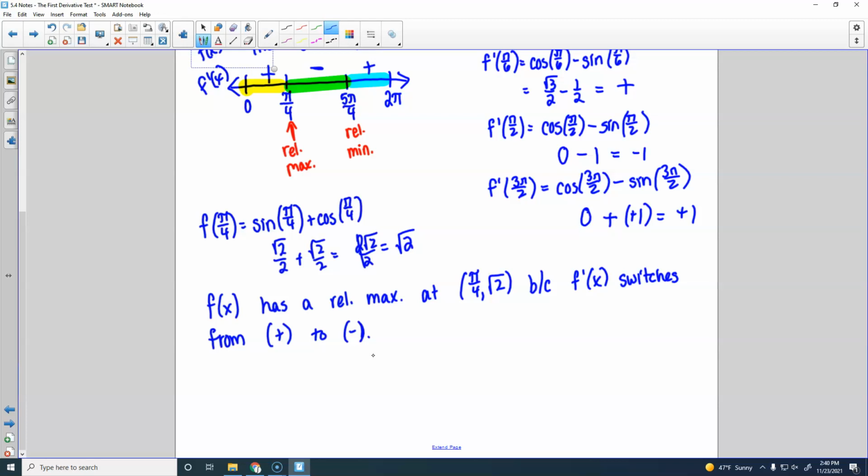What you could do here, this would be totally optional, and I would discourage you from doing this because you might mess it up and then cause yourself to lose points. But you could say, which means f of x changes from increasing to decreasing.